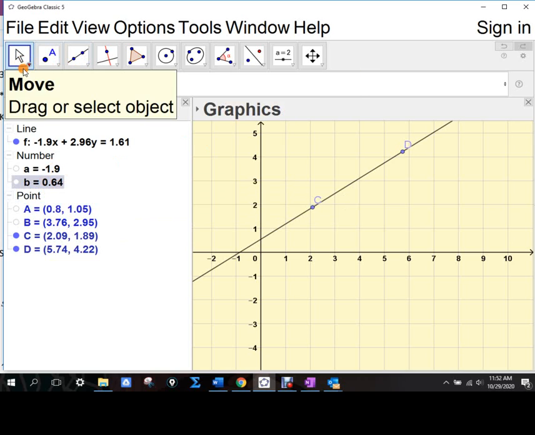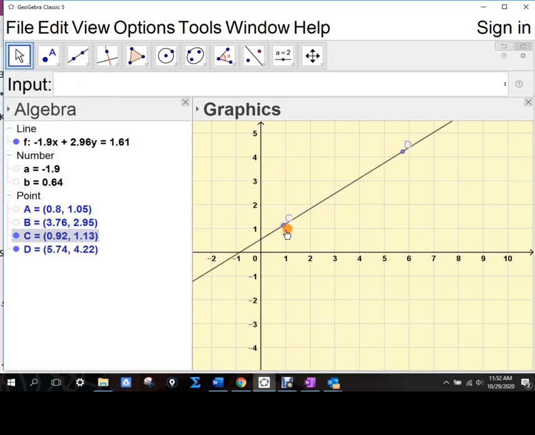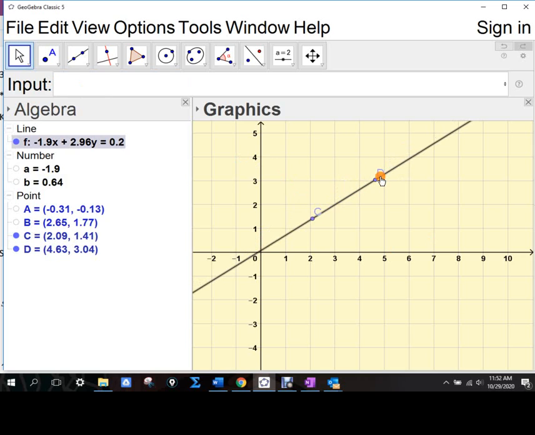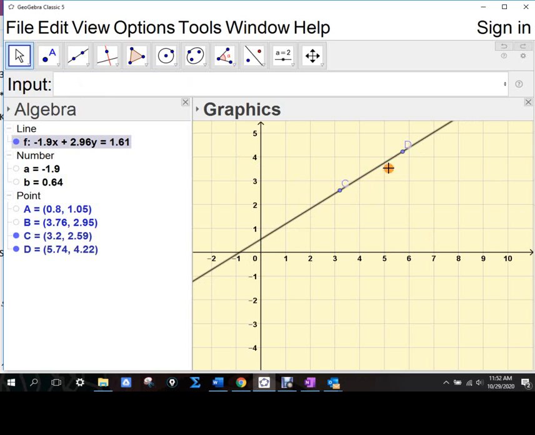And the idea here is if I move these points, you see point D there moving, right, and 0.64 in the left-hand column is changing. Now, if I move point C, 0.64 is not changing.